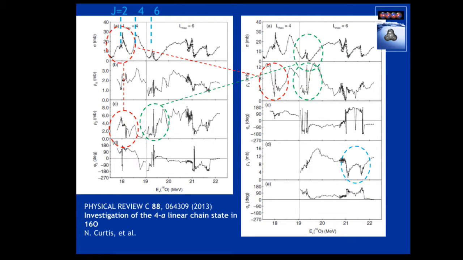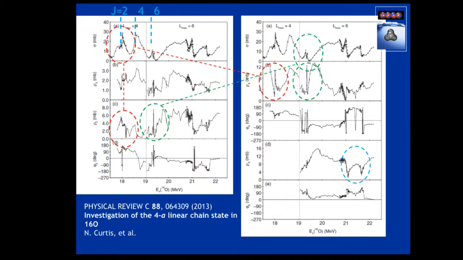The L equals 6 member of the band looks to be split between 2 and 4, and the spin 6 structures don't kick in until much higher energies.